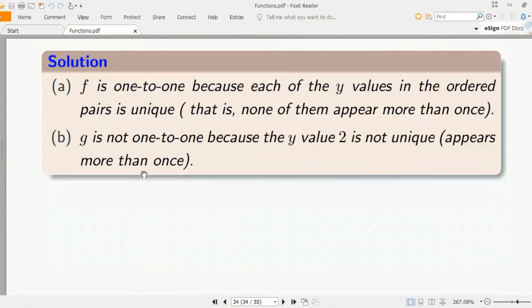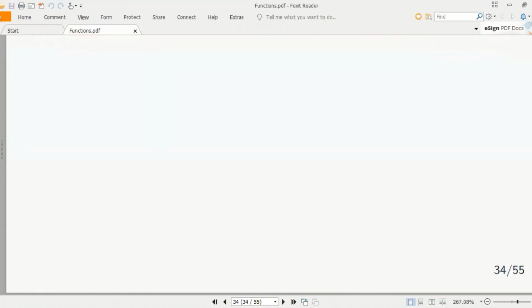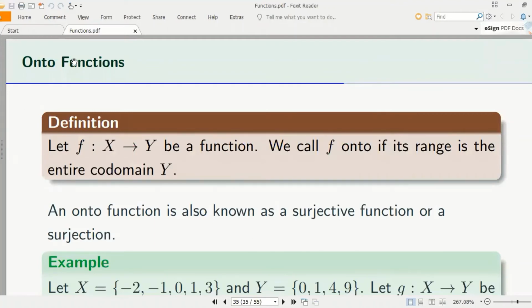So, the explanation is that of onto functions. Let me just explain. Let me give you this set X and set Y: a, b, c and 1, 2, 3.